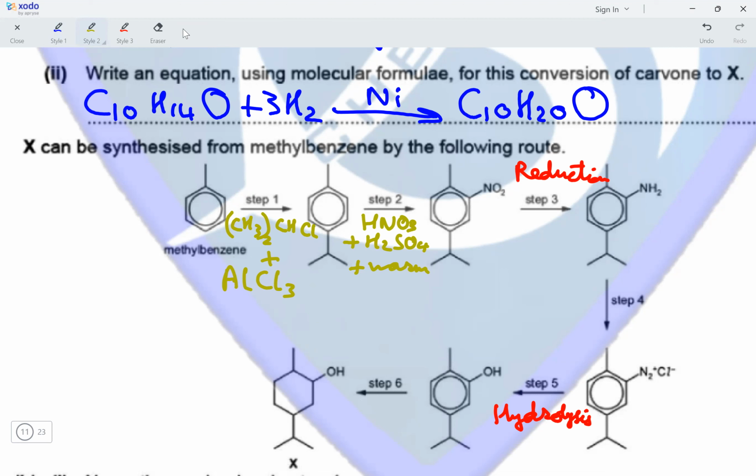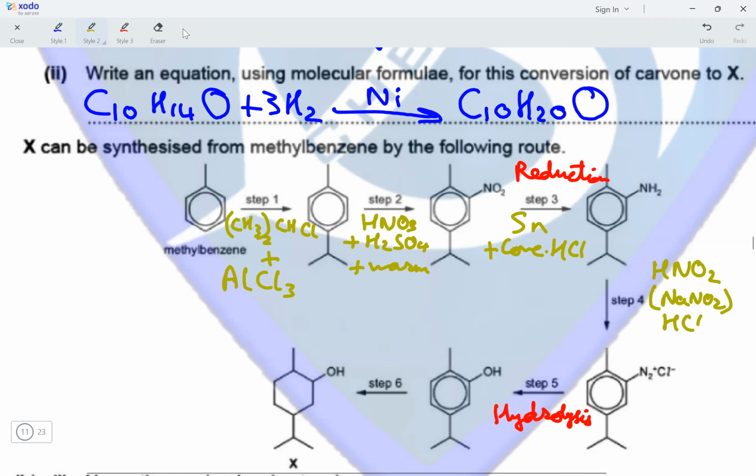Step 3 is reduction. So we need tin plus concentrated HCl for this reduction to occur. Step 4 is the conversion of phenylamine into benzene diazonium chloride. We need HNO2, along with NaNO2 and HCl, and temperature less than 10 degrees Celsius in order for the formation of benzene diazonium chloride to take place.